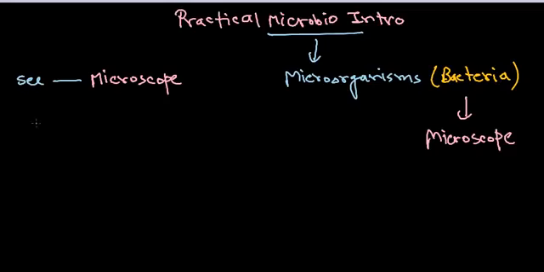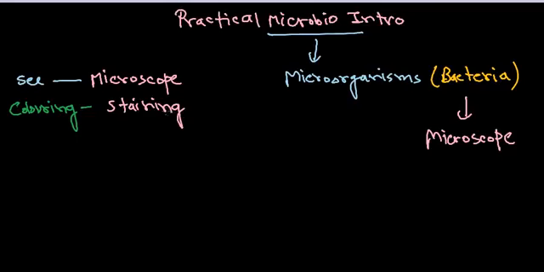So the second thing we require is coloring them, and coloring those microorganisms can only be done using staining, right? This is the second thing that we are going to learn. Microscopy, staining is another thing. So you take this bacteria or whatever microorganism it is, you need to color them using staining processes.